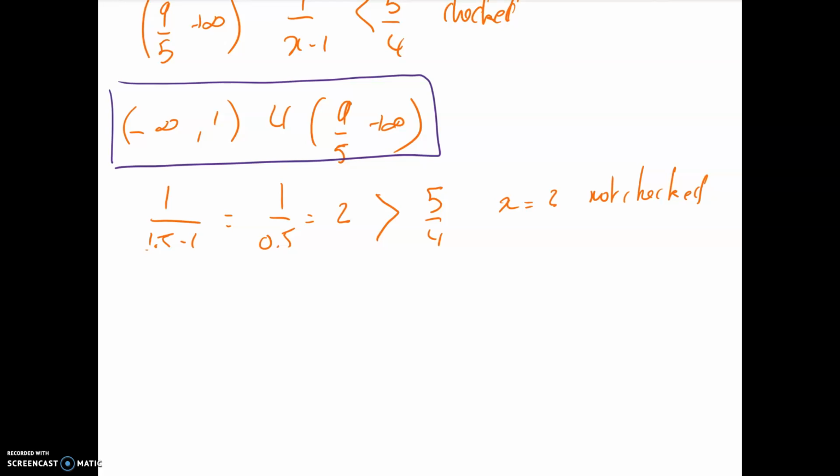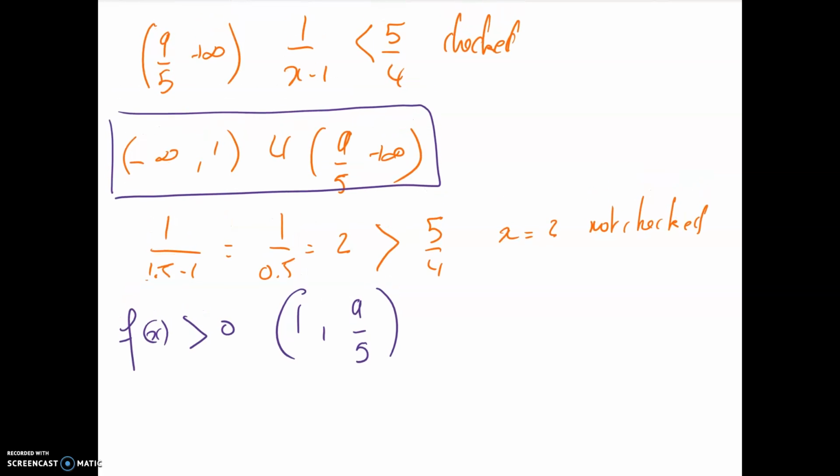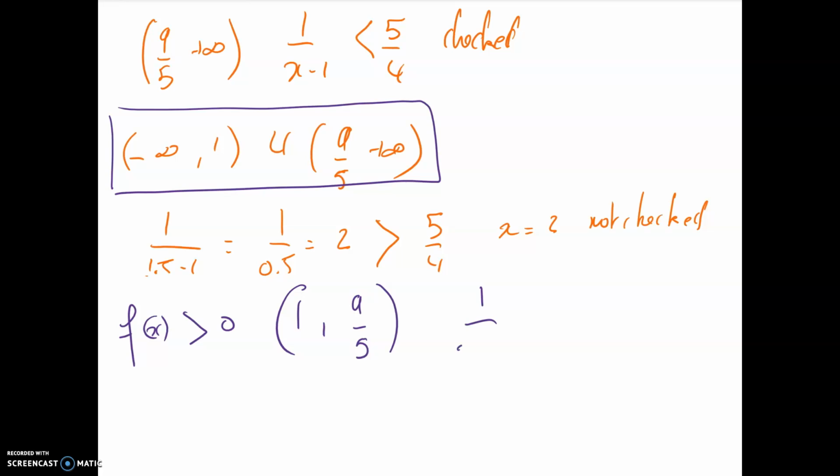Now, if I look at question number C, I am going to look at f of x greater than 0, and I can clearly see that the only time you have f of x greater than 0 is going to be between 1 and 9 over 5. And when I put x equals 2 in this interval, only x equals 2 will end up to have 1 over x minus 1 greater than 5 over 4.